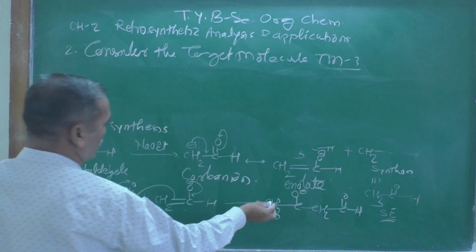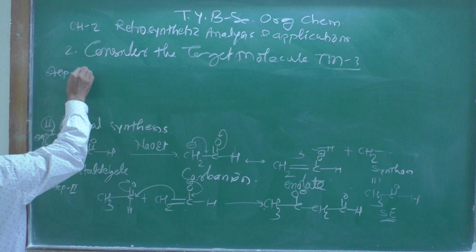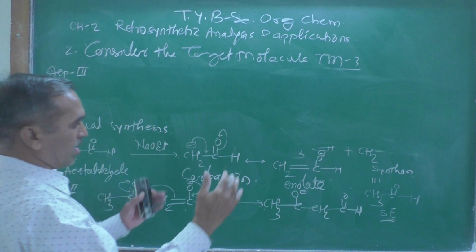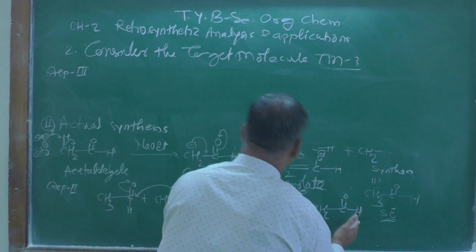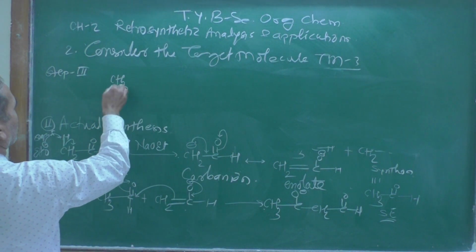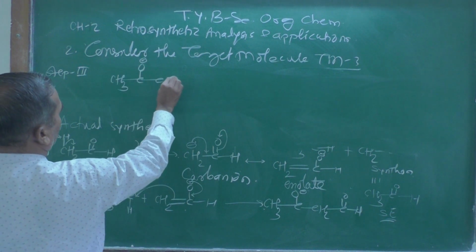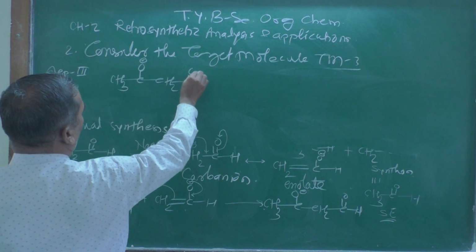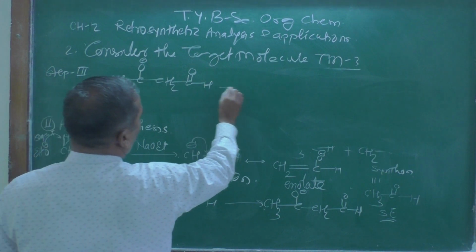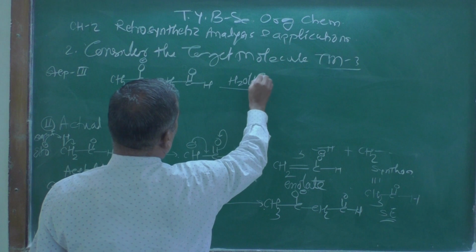the thing. Now in step number three, I am taking this molecule as it is over here. Look here, CH3 CO minus, then CH2 C double bond O and H. Now adding H2O in the presence of H plus.